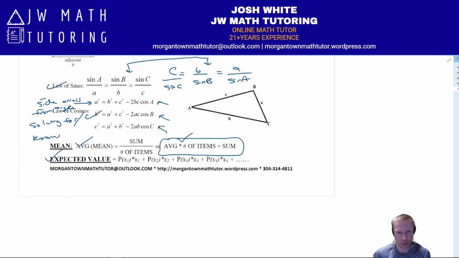times the actual outcome. So you either go down the chart or make a list: the probability of this happening is 1/2, and the value associated with it is $2. And the probability of this happening is 1/4, and the value associated with it is, I don't know, $5.